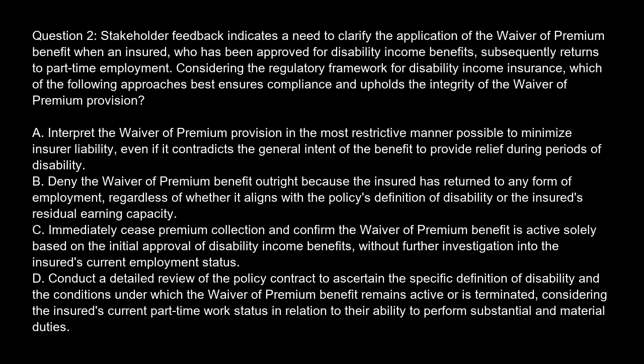Option D. Conduct a detailed review of the policy contract to ascertain the specific definition of disability and the conditions under which the waiver of premium benefit remains active or is terminated, considering the insured's current part-time work status in relation to their ability to perform substantial and material duties.